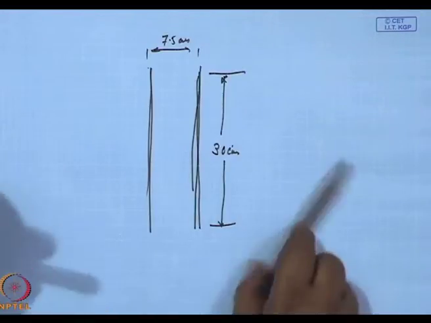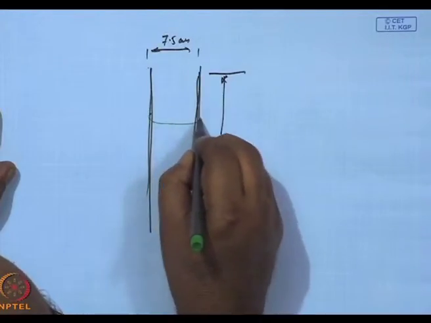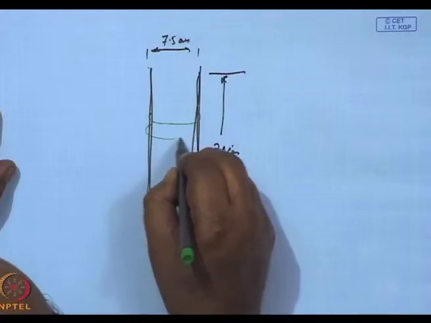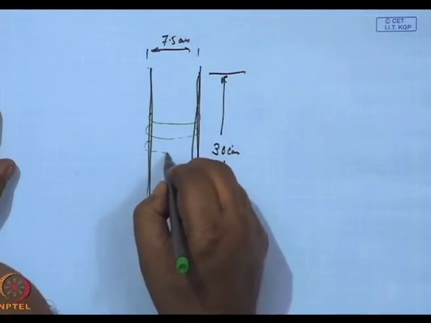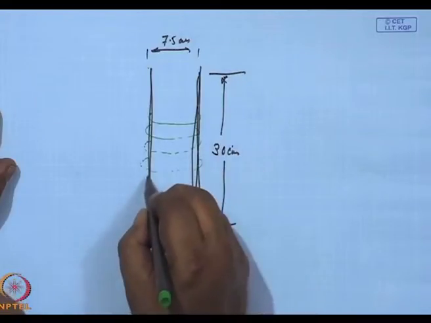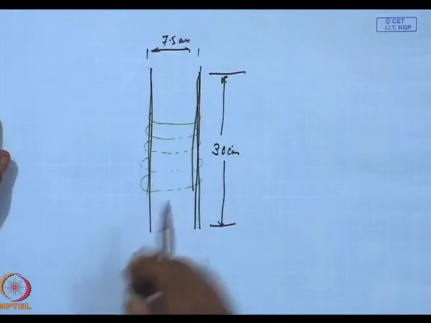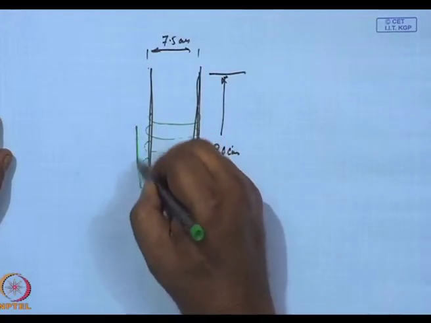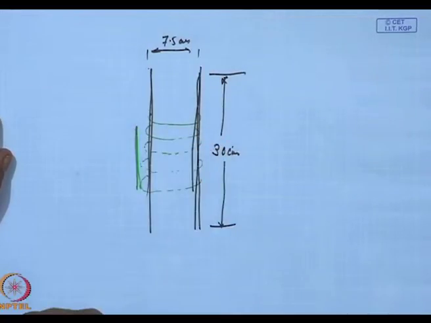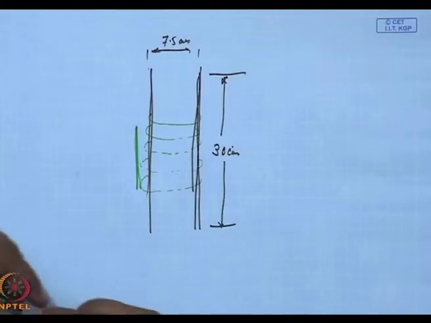The resistive heater, which I call the tape cloth, would be placed somewhere around here. So, this is the area I will be able to heat with this resistive heater.